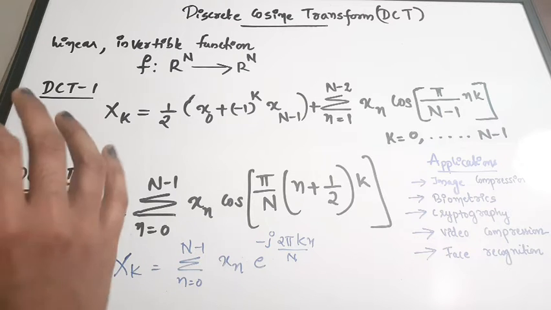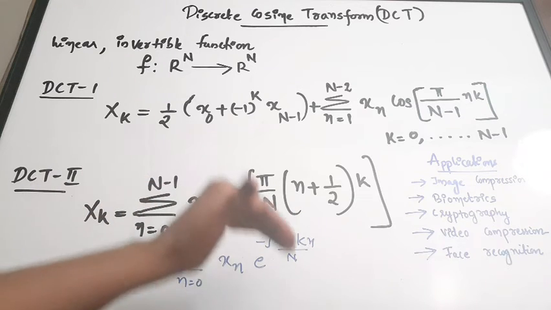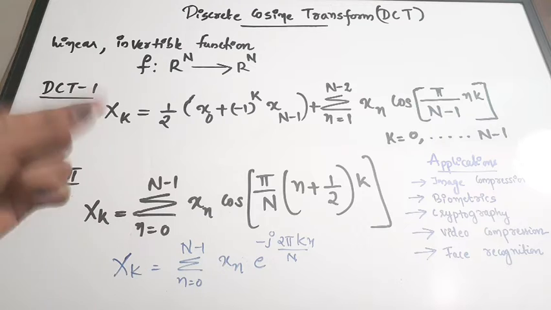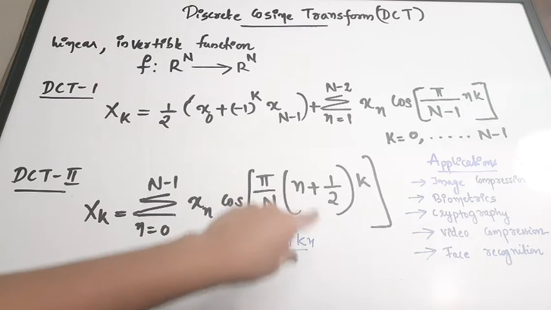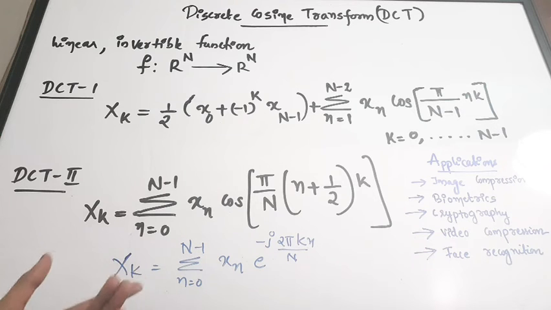But if you take the discrete cosine transform, you are going to get a real value. You only have cosine terms in the DCT expression, whereas here the DFT expression has a cos term plus j sine term. So it has an imaginary part also, so that is a complex variable.